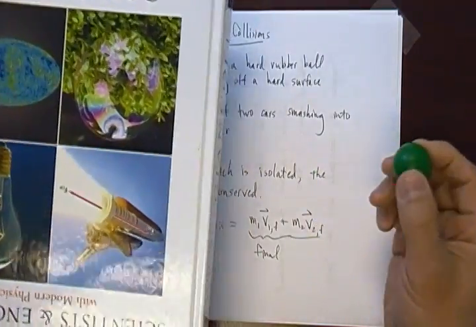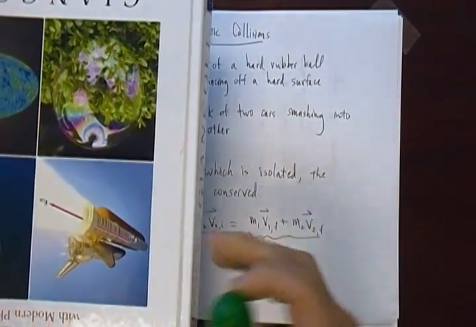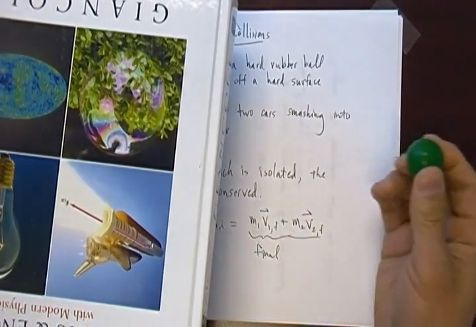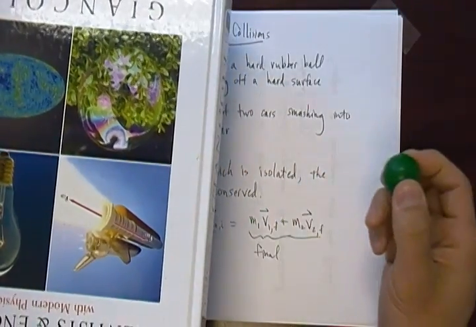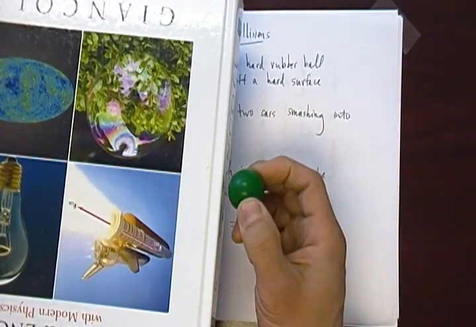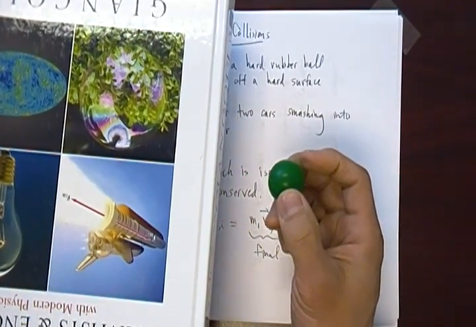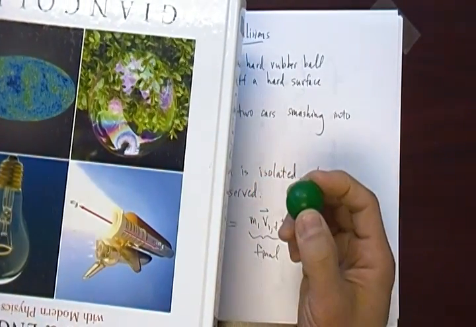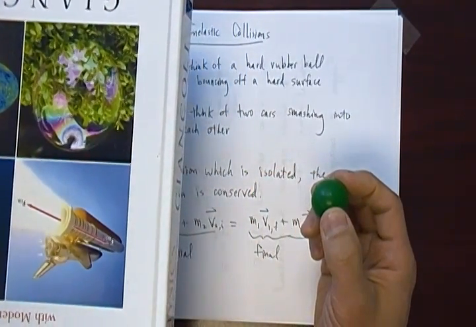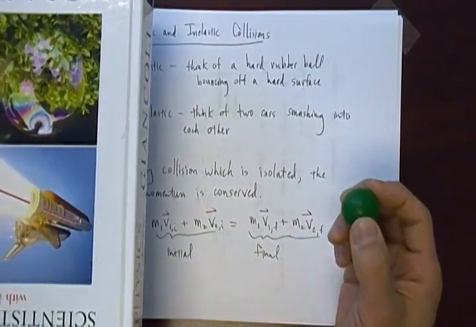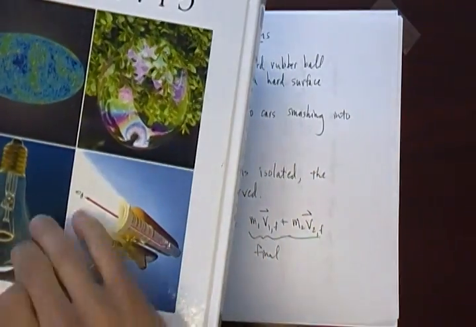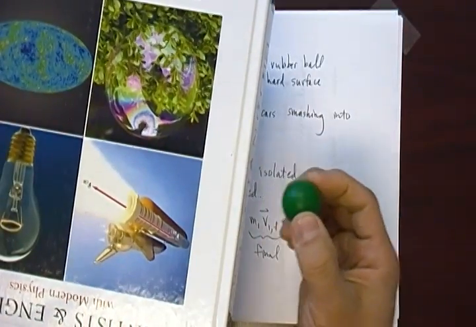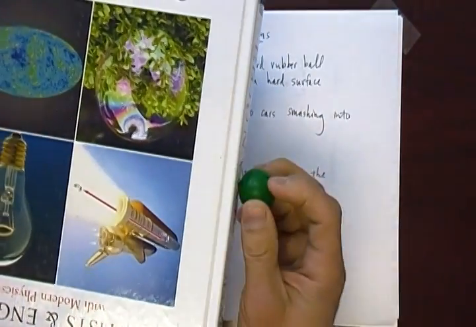What's going on, if this was floating in space, is I have this big gold book which is much heavier, much more massive than this ball. In a collision, the ball comes in, it hits the book, and it bounces off with almost the same speed it came in with, but it's actually slightly less, and the ball is going to recoil, and the book is just going to recoil very, very slowly. But since the book is so much more massive than the ball, what will happen is it kind of looks like the book doesn't do anything and the ball just reverses its direction.